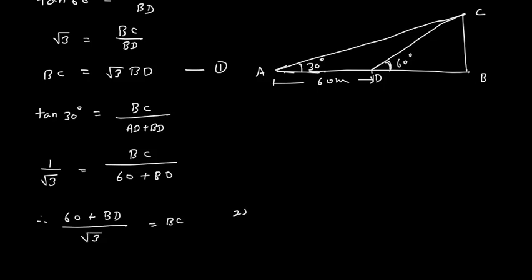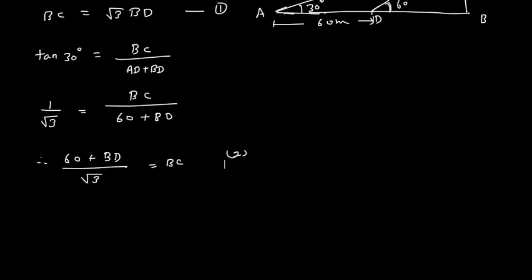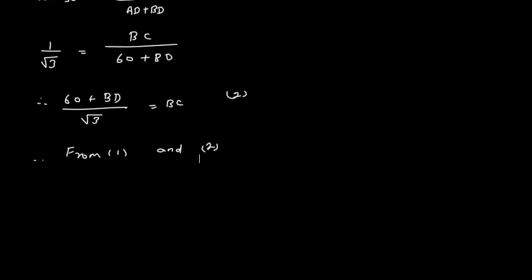The value of BC in equation number 1 and the value of BC in equation number 2, so from 1 and 2, root 3 BD is equal to 60 plus BD divided by root 3.